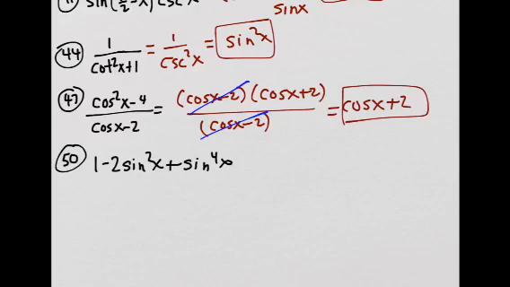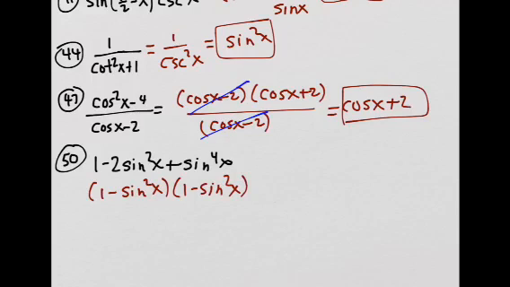Alright, so number 50 is a quadratic, because remember, sine to the 4th x is like sine squared squared. So it is a quadratic, and I'm going to factor it like this. Let me just put this here. 1 minus sine squared x times 1 minus sine squared x. And when you distribute this, you get the original back.